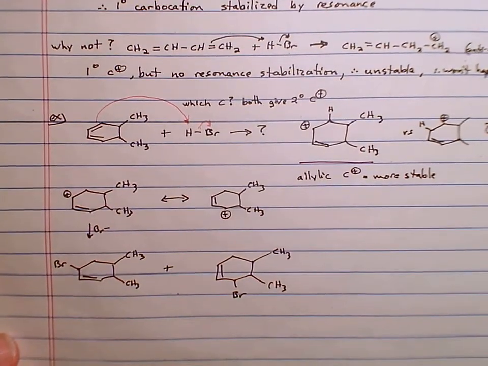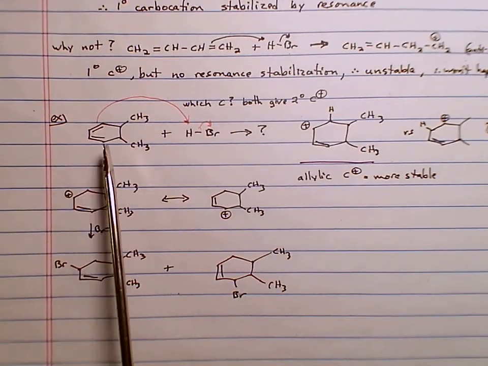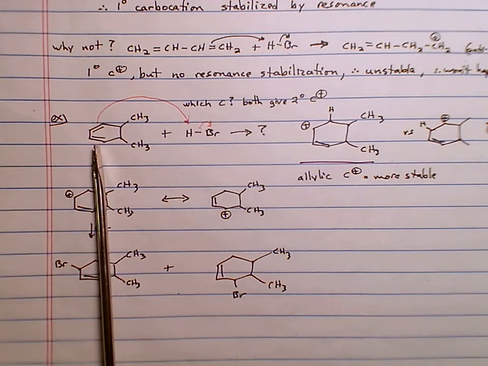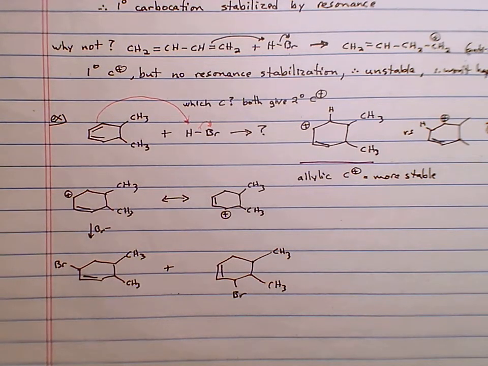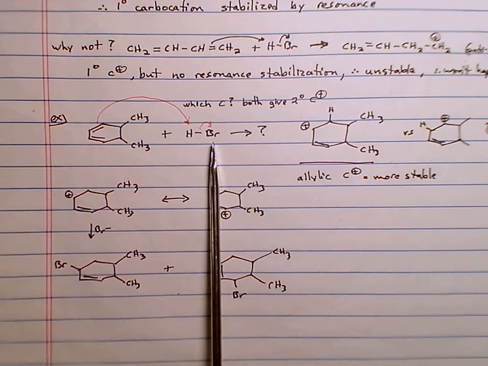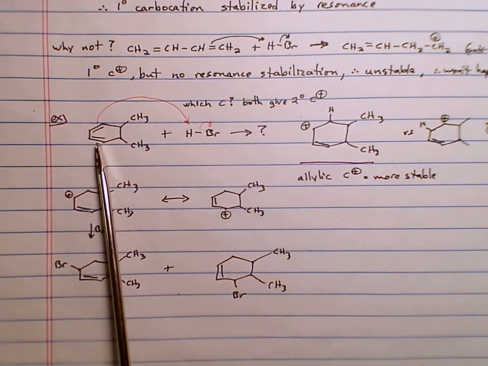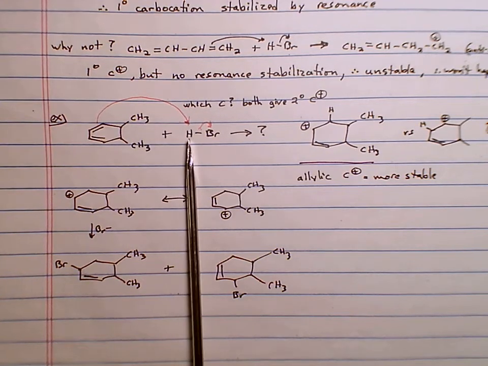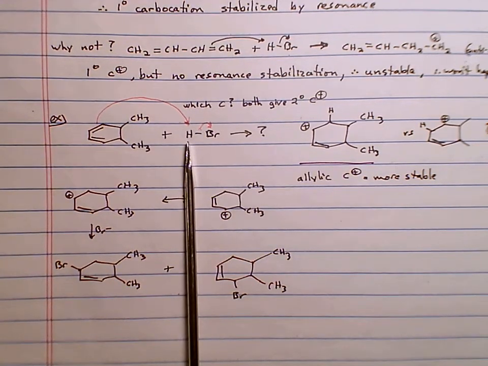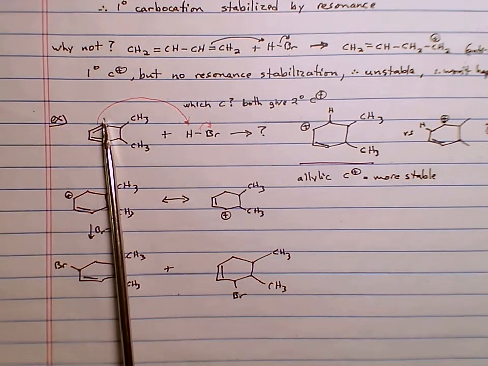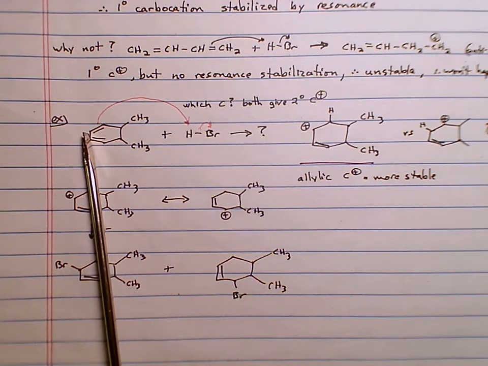So working through some examples here, if you have this cyclohexadiene with these two methyl groups on it and react it with HBr, we see that since it's symmetric, it doesn't matter which double bond we choose. Let's choose the top one to attack the hydrogen. So where is the hydrogen going to go? Will it go on this carbon or this carbon?